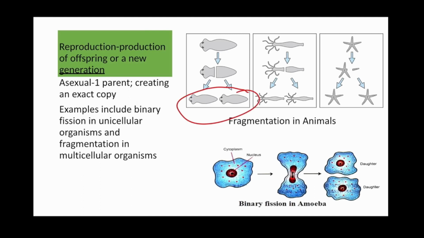But the problem is, because the offspring look identical to the parents, it's hard for them to adapt to their environment. The environment changes, and all 10 billion bacteria have the exact same DNA. Well, if that environment's not favorable, then they're all going to die.